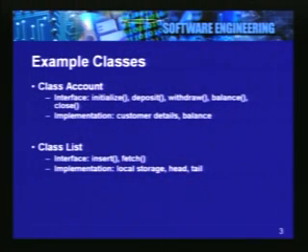Now, there is another class, class list, which has an interface insert and fetch. You can insert into the list and you can fetch an item from the list. You can operate on this list through these member functions. Its implementation could be the local storage, how the list is stored internally, whether it has a static storage or is dynamically allocated, and so on.